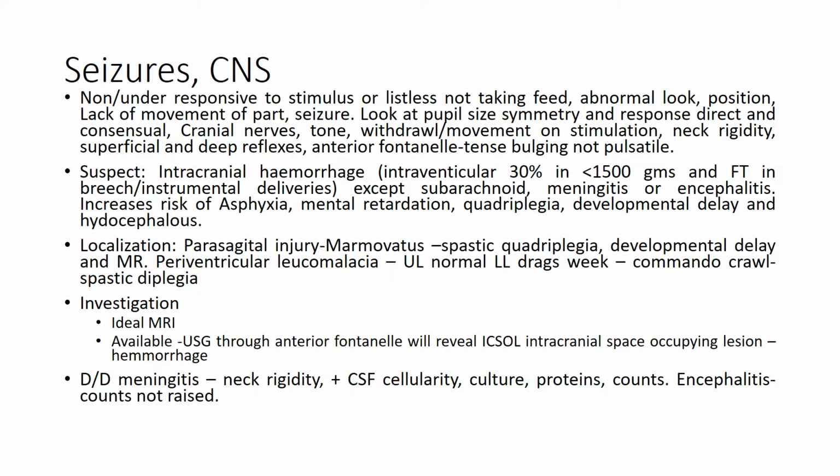Investigation: ideal is MRI; available is USG through the anterior fontanelle, which will reveal an intracranial space occupying lesion, which can be a hemorrhage. Differential diagnosis: meningitis has neck rigidity, CSF cellularity, culture, proteins, counts; in encephalitis, counts are not usually raised.